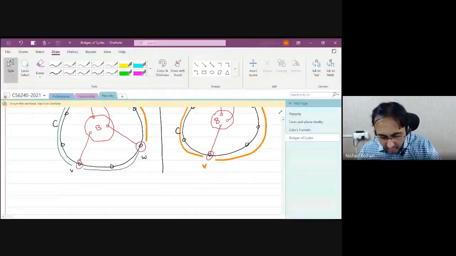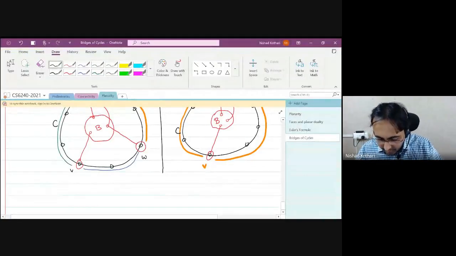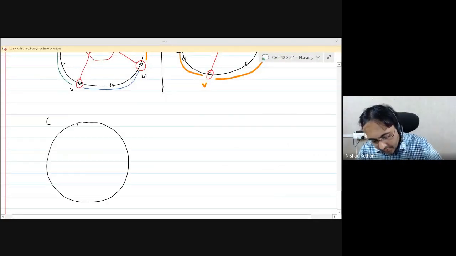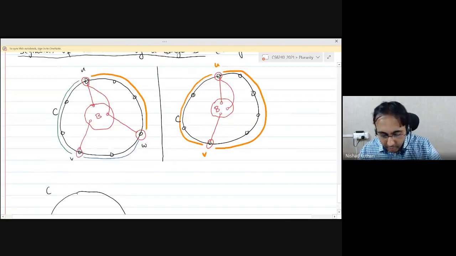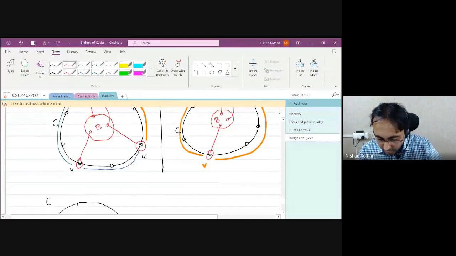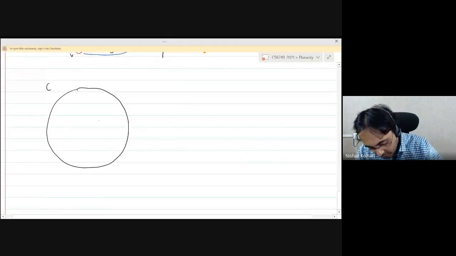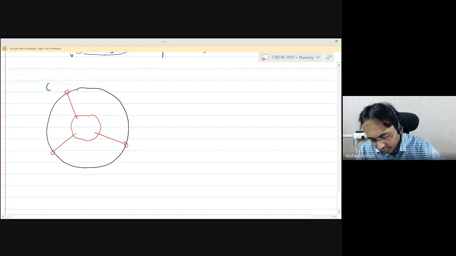Well, we need this for the following. Supposing I have a cycle C, let's think about it intuitively. Intuitively, when can you draw two bridges, both inside or both outside? So let me put this bridge here. Let's say it has three vertices of attachment.